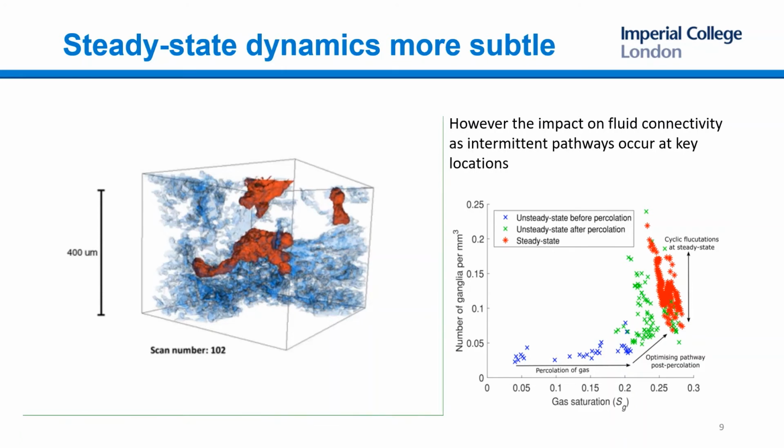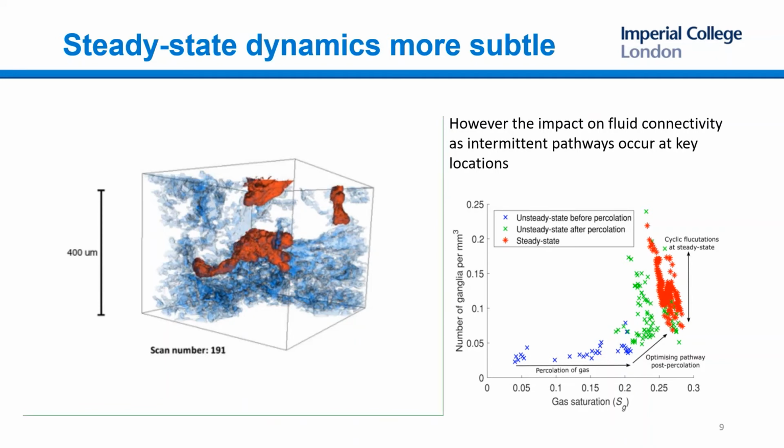And what we can see is that we have these very cyclic periods where it's connected and then it's disconnected, and these are the intermittent pathways that are causing this large fluctuation in the number of ganglia. So you can see here it's connected again, and then just as the video continues, you'll find that it's disconnected and then connects a further time.